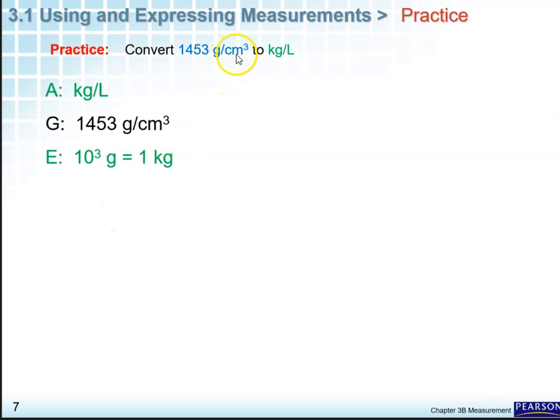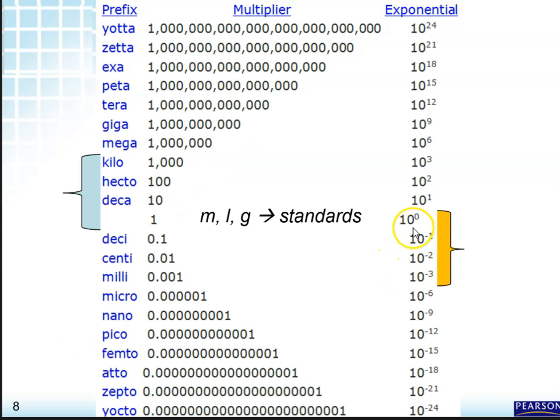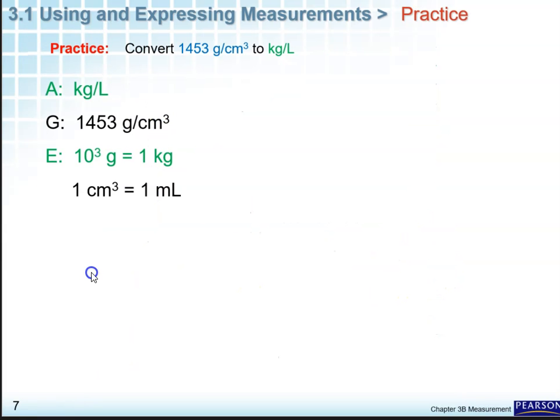Centimeters cubed is the volume of a regularly shaped solid, length times width times height, and it is equal to a milliliter. Now there's a relationship between milliliter and liters. Milli, centi, deci, liter. So there's 1,000 milliliters in 1 liter. We write our equality 1,000 milliliters or 10 cubed milliliters is 1 liter.